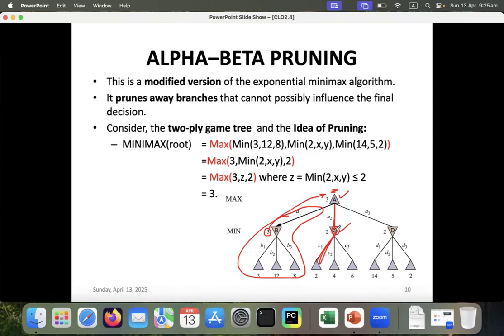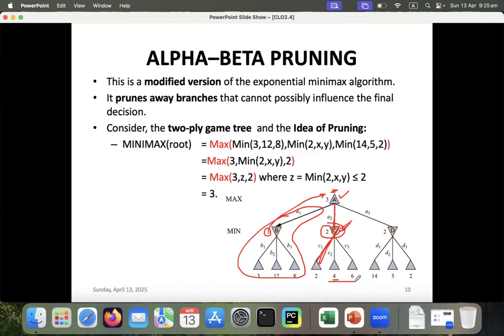And then this min player, when this is 2, and if some higher value like this 4 is coming next, min will not accept this 4, because this is the point of the min player. Min player will not give this 4.